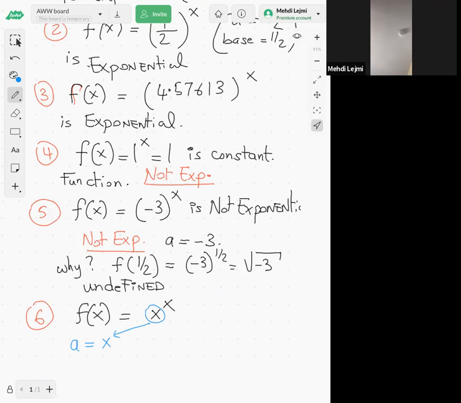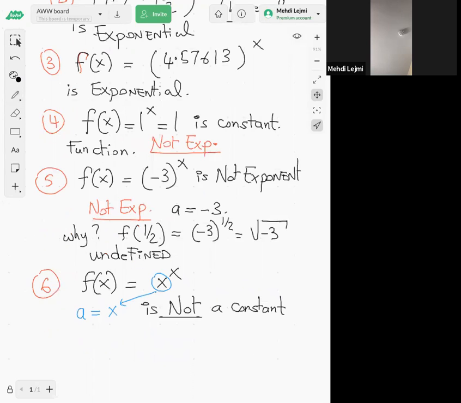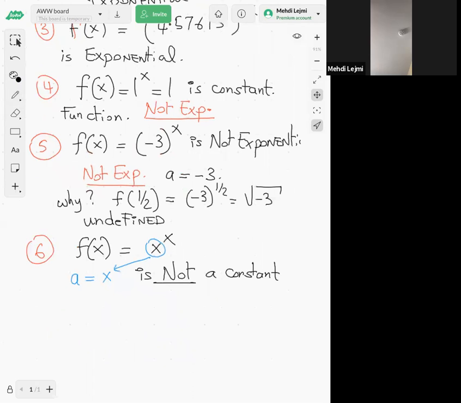X is a variable. Your input x varies. So a is not a constant, and that's not an exponential. You need a constant a to the power x, but x to the power x has no constant base, so it's not an exponential.